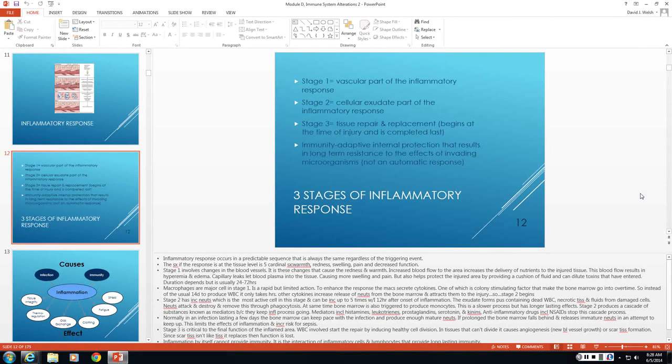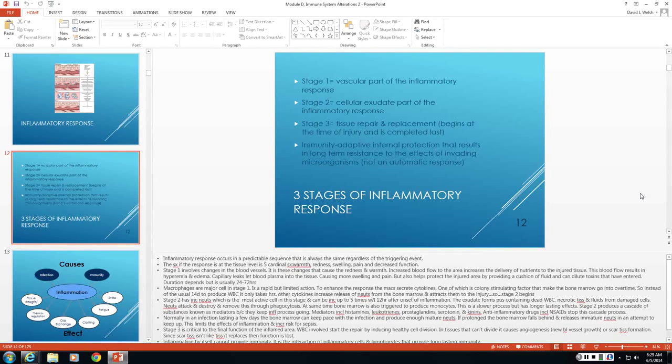So instead of the usual 14 days to produce white blood cells, it only takes a few hours. Now other cytokines increase the release of neutrophils from the bone marrow and attract them to the injury site. So that begins stage 2.